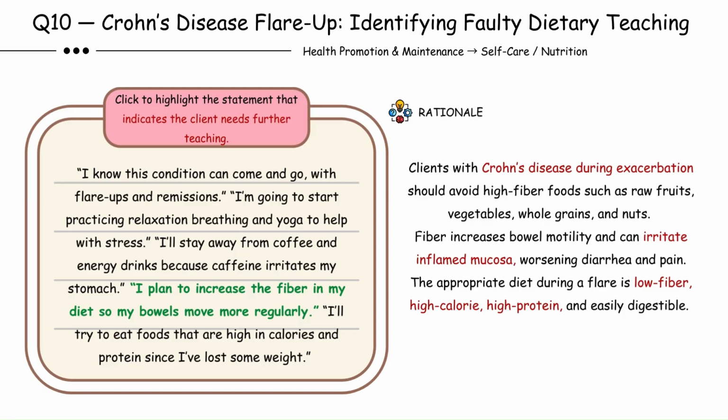High-fiber foods, such as raw vegetables, whole grains, nuts, and salads, increase bowel motility and can trigger more diarrhea, more cramping, and more irritation. So during an exacerbation, the recommended diet is low-fiber, high-calorie, high-protein, and easy to digest. Fiber is reintroduced cautiously during remission, not during a flare.